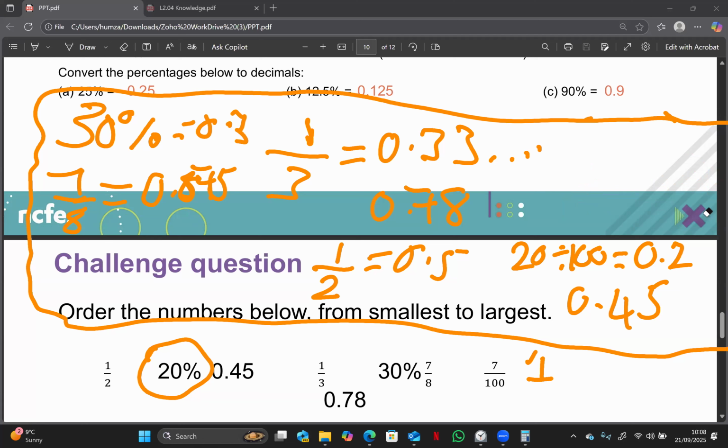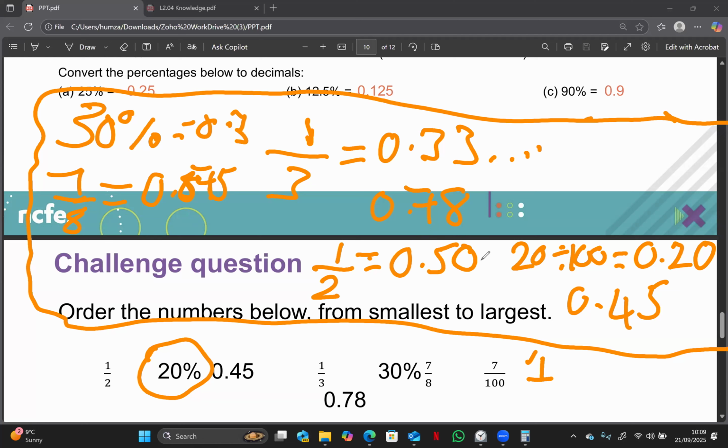What's the smallest? Let's just put 0. The smallest one, what is it? 33, no, 78, 50, 20, 45.